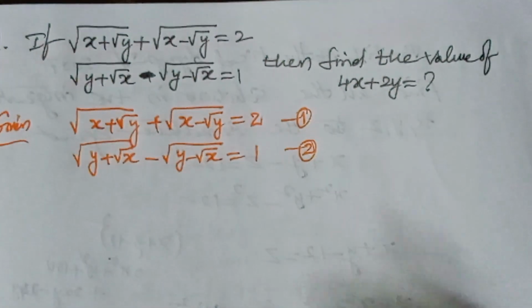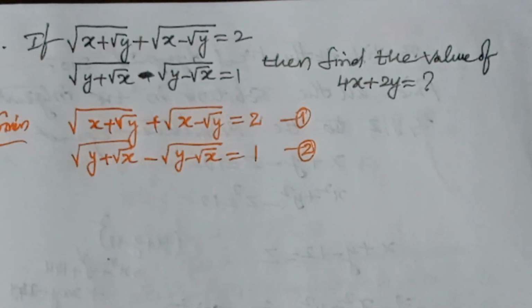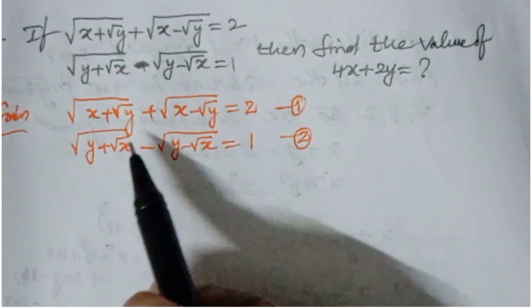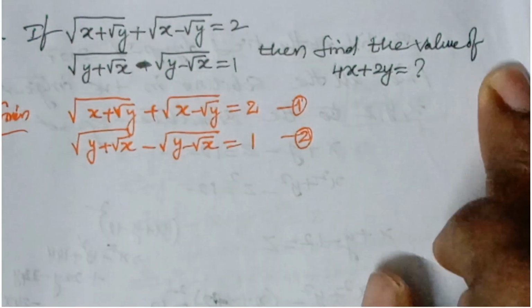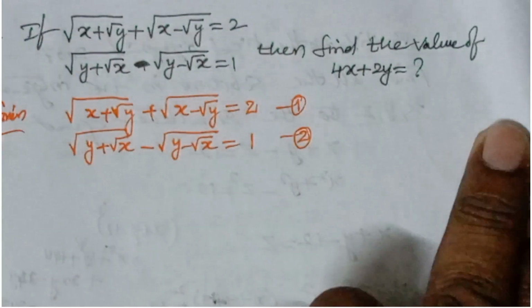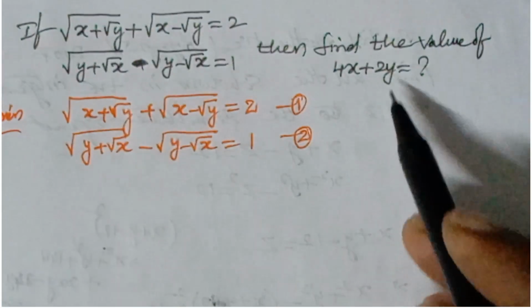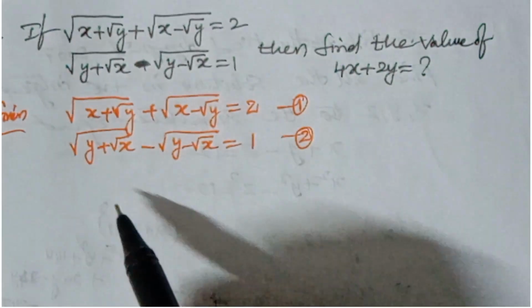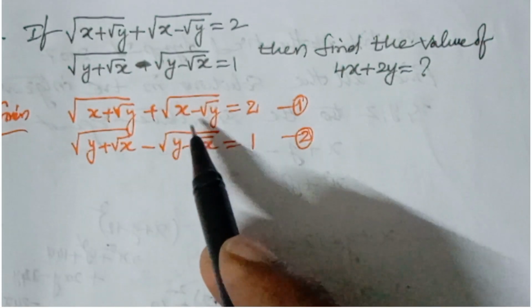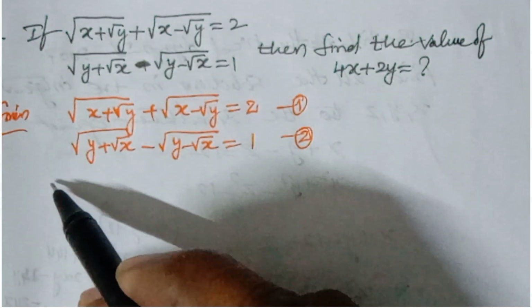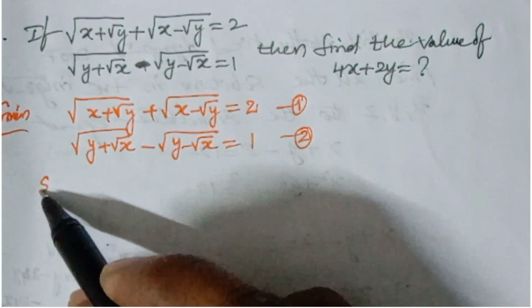So how to solve this problem? First you have to find the values of x and y, then substitute the values in 4x plus 2y to get the value. Both our terms have square roots, so we'll remove the square roots by squaring on both sides.